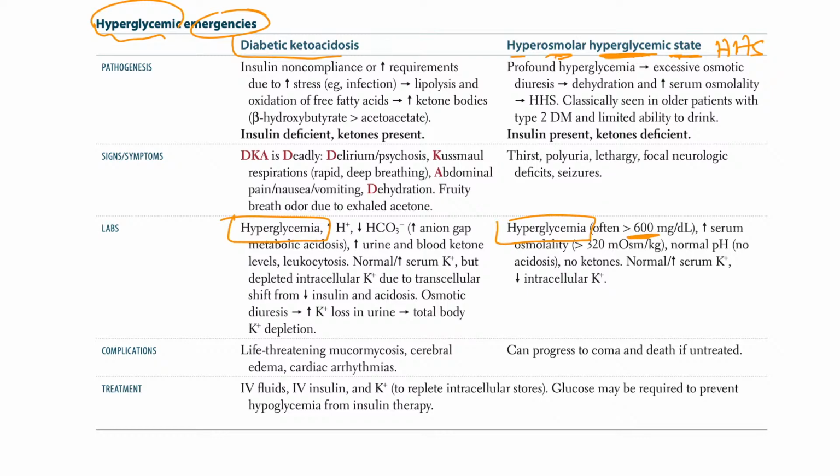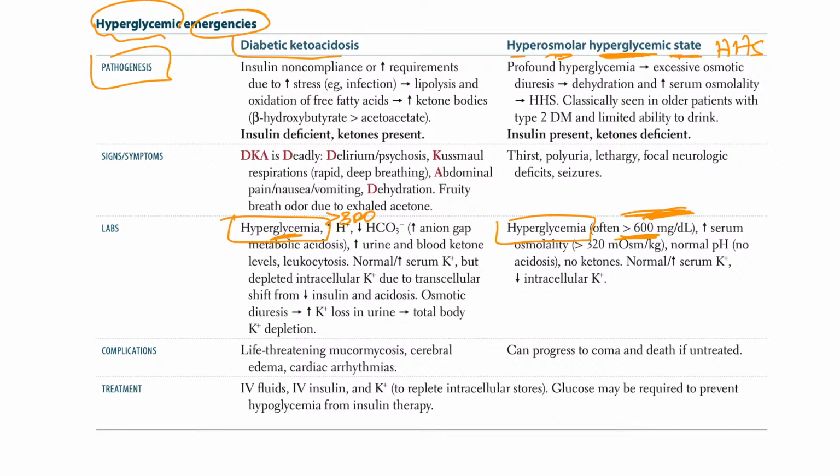But in diabetic ketoacidosis, you're going to have hyperglycemia of, let's put it, greater than 300. Although it is hyperglycemia, look at the levels, way too high here, right? So with that, let's look at the pathogenesis.